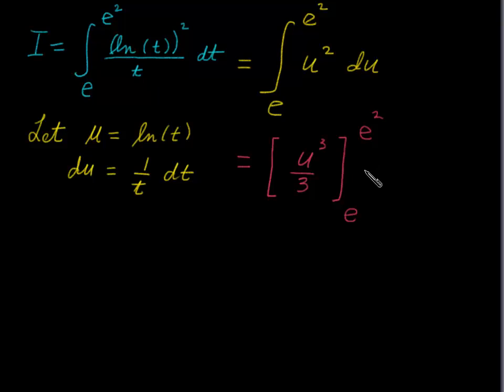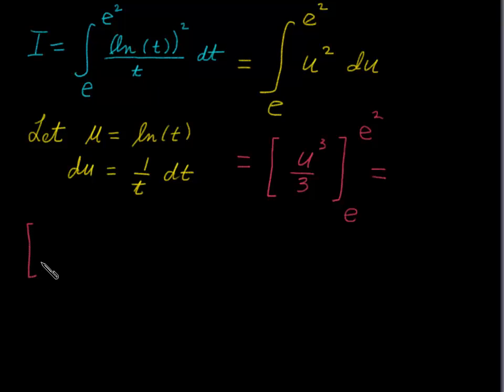Now there's something going on here, because here my variable is u, but these limits were limits on t. So I cannot evaluate at these limits right here, but what I can do is go back to the original variable. I can do back substitution, and when I do that, then I can evaluate at these limits. And so let's go ahead and do my back substitution.